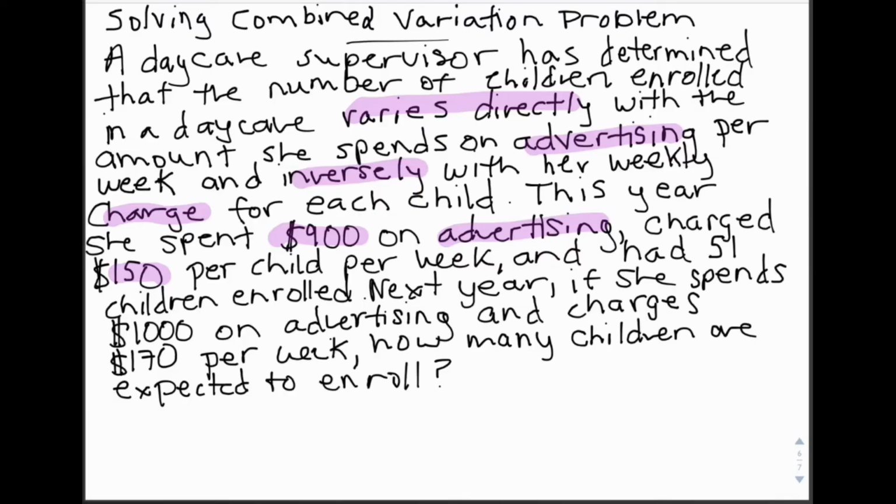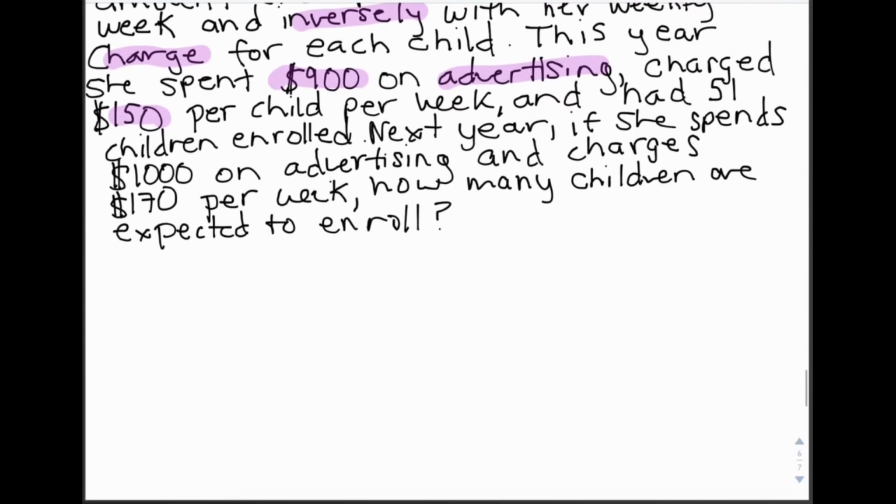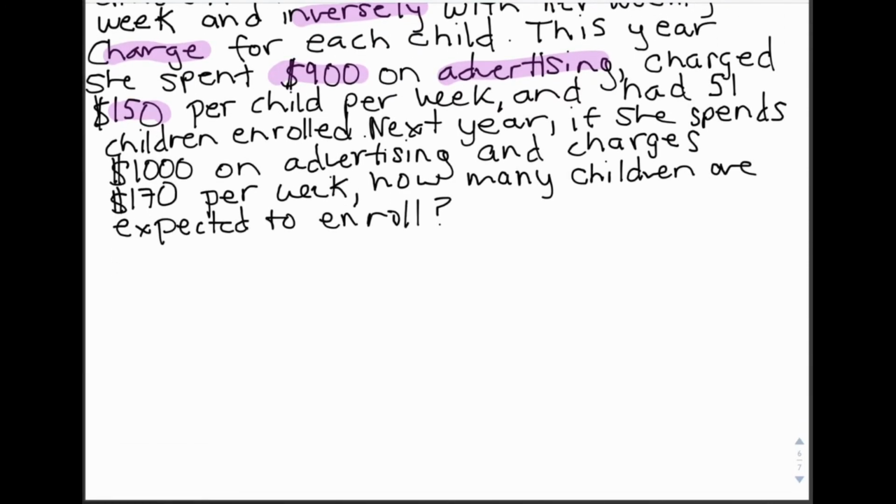Now, let's go through our steps to figure out the result for this combined variation problem. Step 1 is to determine and write our general relationship of variables using our constant k. One thing we can quickly note is that it varies directly with the amount she spends on advertising, and additionally inversely with the weekly charges per child.